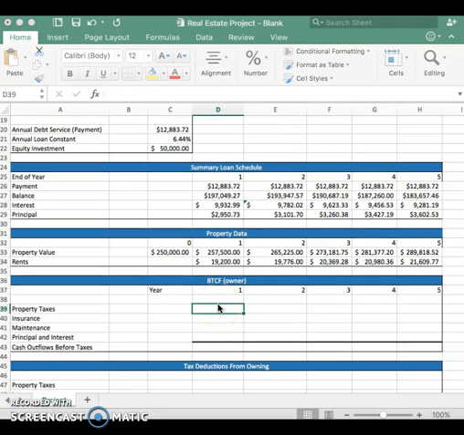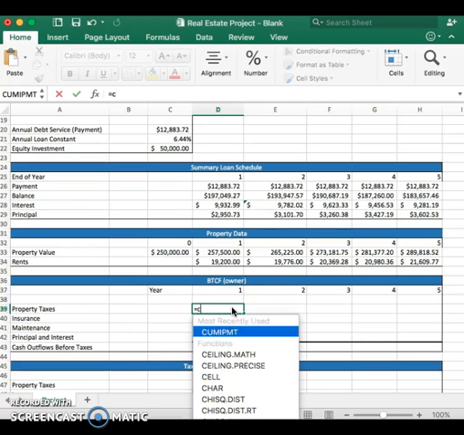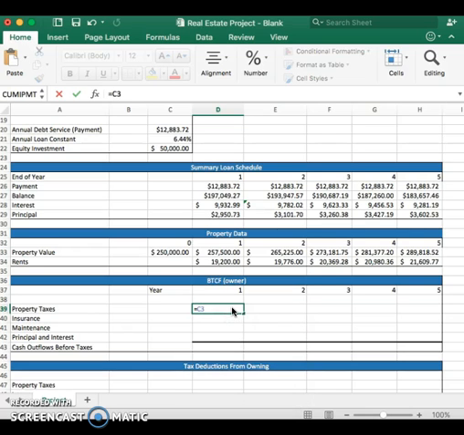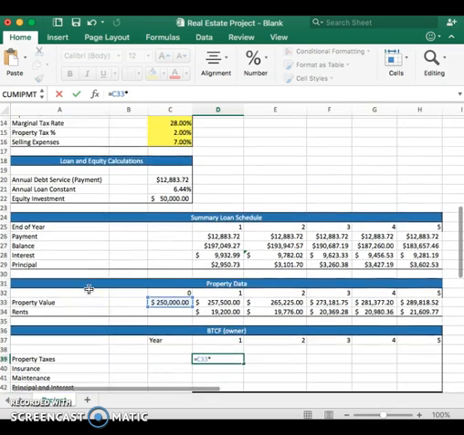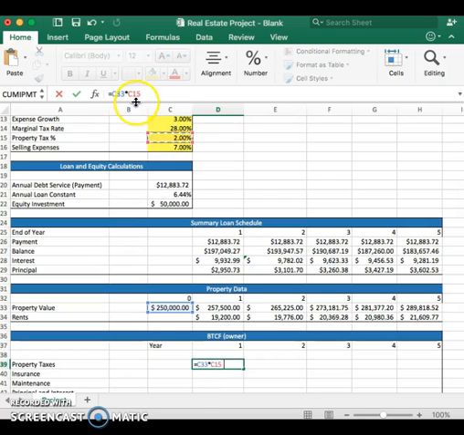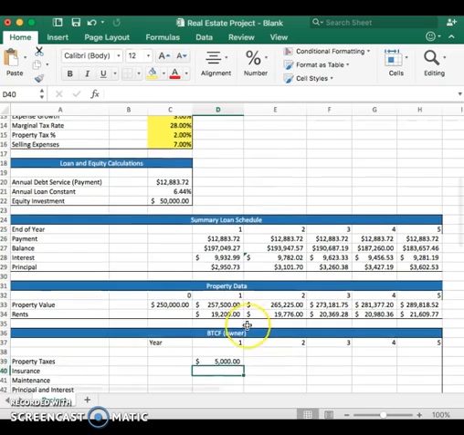Next we'll do our table for before tax cash flows, and the first item is the property taxes, which will be done by taking C33, which is the property value in year 0, and then multiplying it by C15, which is the property tax percent, and we have to lock that so that we can move it over.